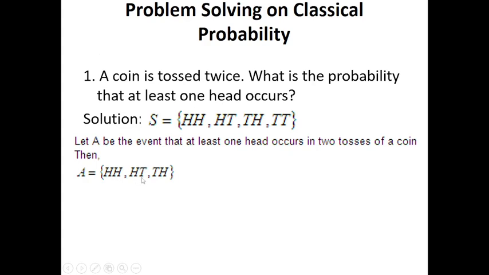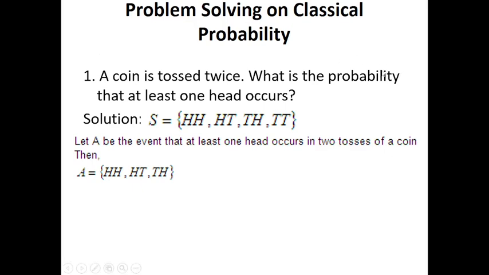There is an outcome where the first toss is head and the second is tail. The third outcome, the first is tail and the second is head, so one head occurs. Here in the first, two heads occur. Okay? So, in that case, there are only three possibilities for event A, that at least one head occurs in two tosses of a coin.